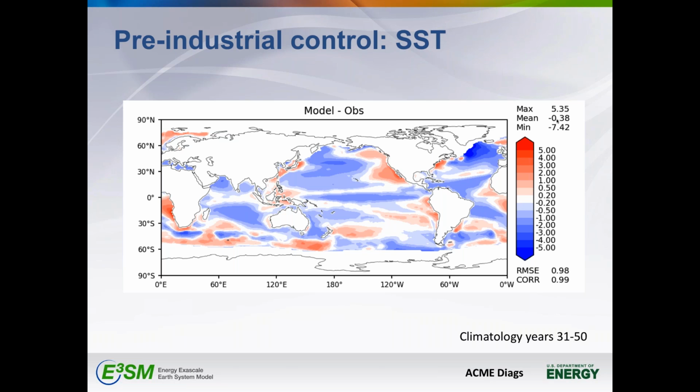And that improvement in the mean bias results in a much improved RMS score of 0.98. Before, we always were around 1.2, 1.3, and that is a very big difference. So around 1 or below 1 is starting to be a very good SST field.